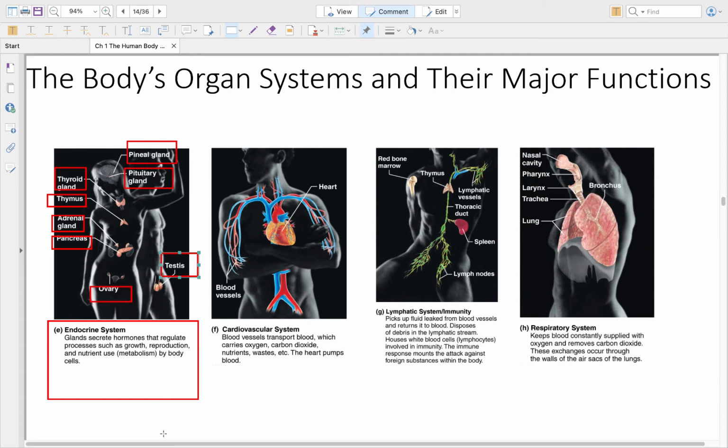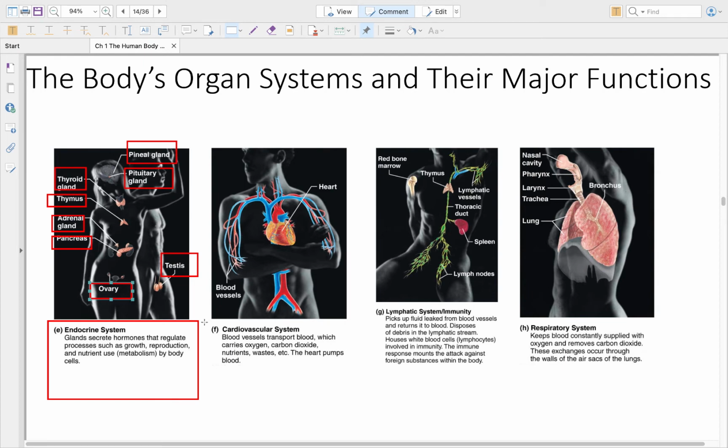All of these, even though they're disconnected physically, they can communicate with each other rapidly because they send signals called hormones. Hormones that regulate everything: growth, reproduction, metabolism. The endocrine system has quite a significant job, and everything needs to be balanced.